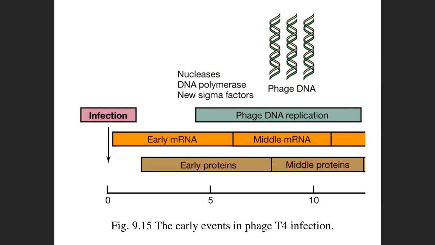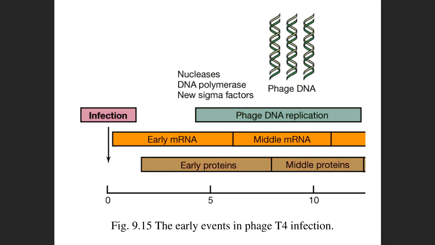Transcription is done by RNA polymerase, right? And the RNA polymerase has two parts: the core enzyme, and the sigma factor.